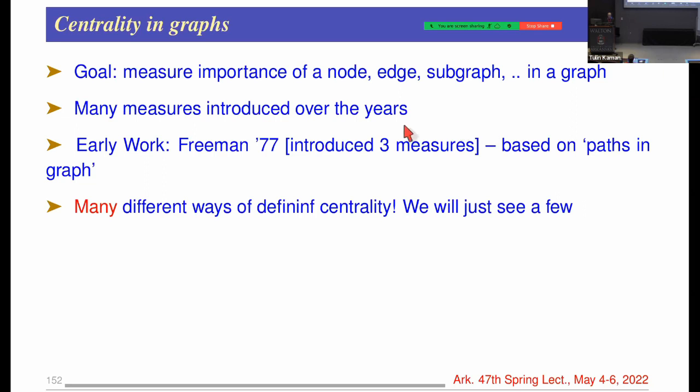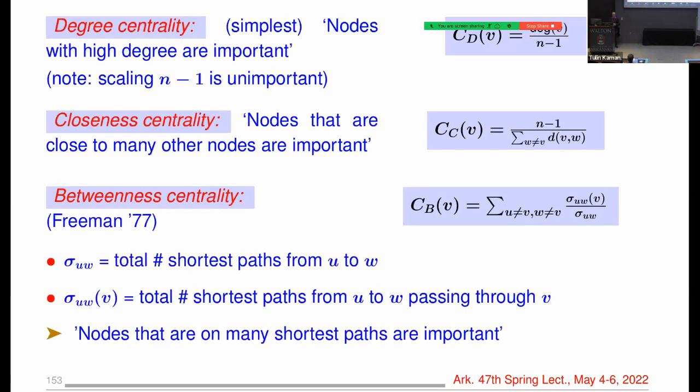There are many such notions that have been defined, and there is early work in the 70s that defined these things for essentially networks of people, social networks. Okay, so let's look at this.